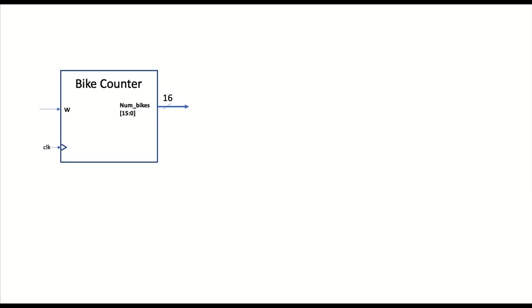Okay. All right, so this is what we're building. We're building a component with a clock and W as input, and as its output will be a 16-bit number indicating how many bikes we saw that day.